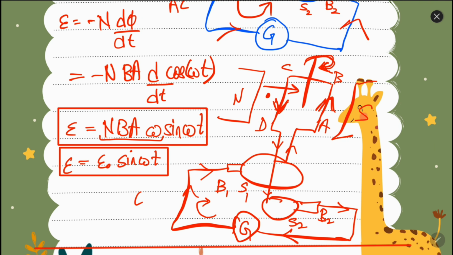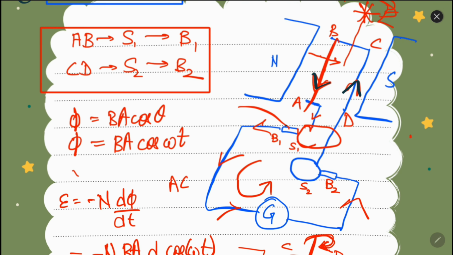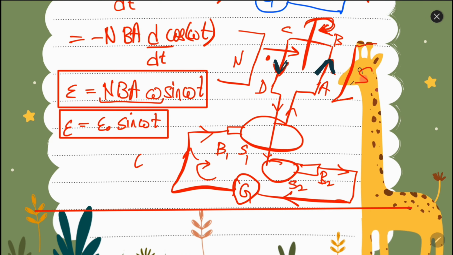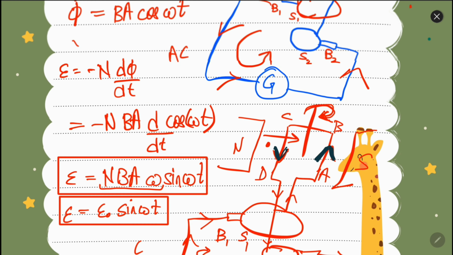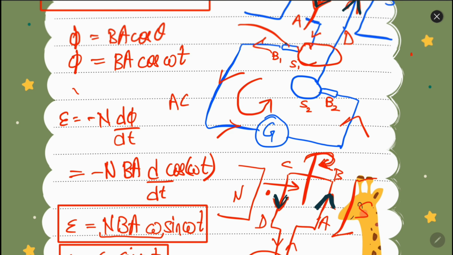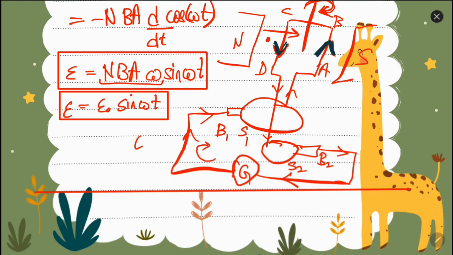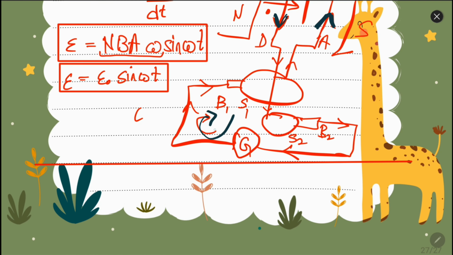Once the coil rotates, the direction of the current in the coil will remain the same. But if you notice closely, the sides have reversed. AB is this side and here AB is this side. So focus on the external circuit. Here the current is anti-clockwise, but here the current becomes clockwise.